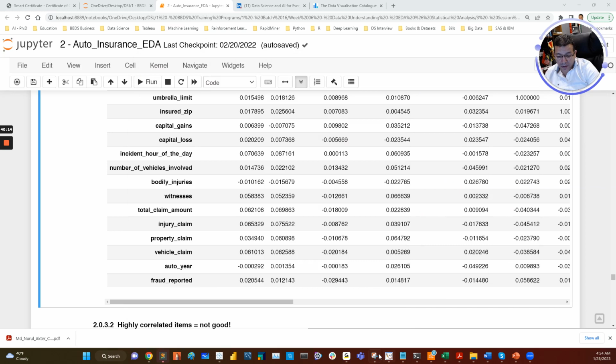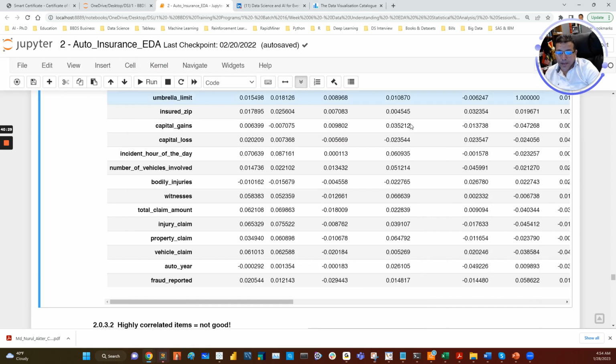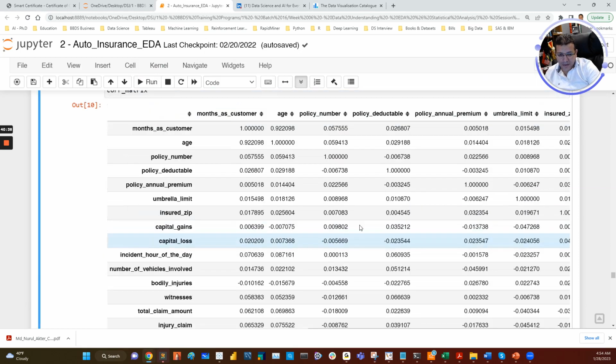In the correlation between x and different x, we need to avoid any value that is close to +1 and -1. Let's take a look. Do we have any high values? Most of these values are very small.